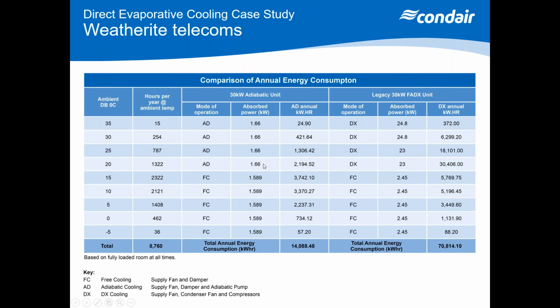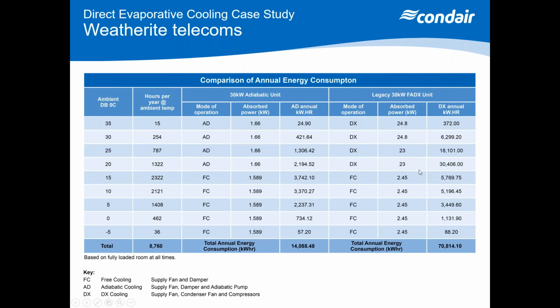Our absorbed power for the adiabatic unit does go up slightly because we've got an increased fan power required to force the air over that evaporative matrix. But when we compare that to the legacy piece of equipment, when the direct expansion refrigeration system kicks in, you're drawing 23 kilowatts. So there's a huge difference between 23 kilowatts and 1.66 kilowatts.